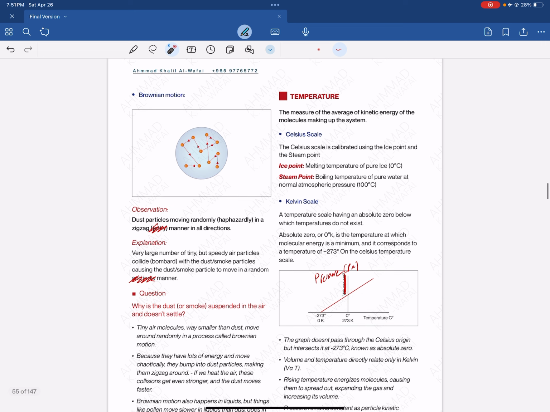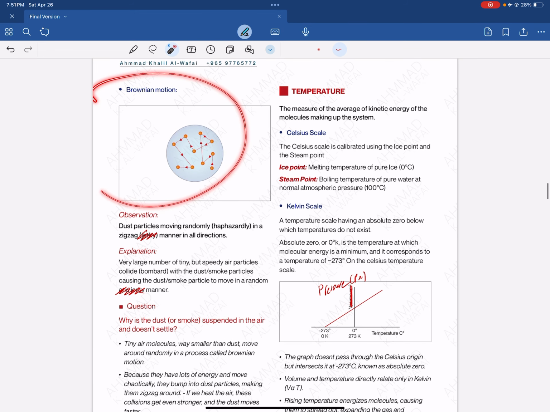Now moving on to the idea of Brownian motion. Brownian motion is basically dust particles moving in a random zigzag motion. Why? Because they're being hit by speedy tiny air molecules that make them move in a random zigzag motion. You need to understand it's a zigzag motion.